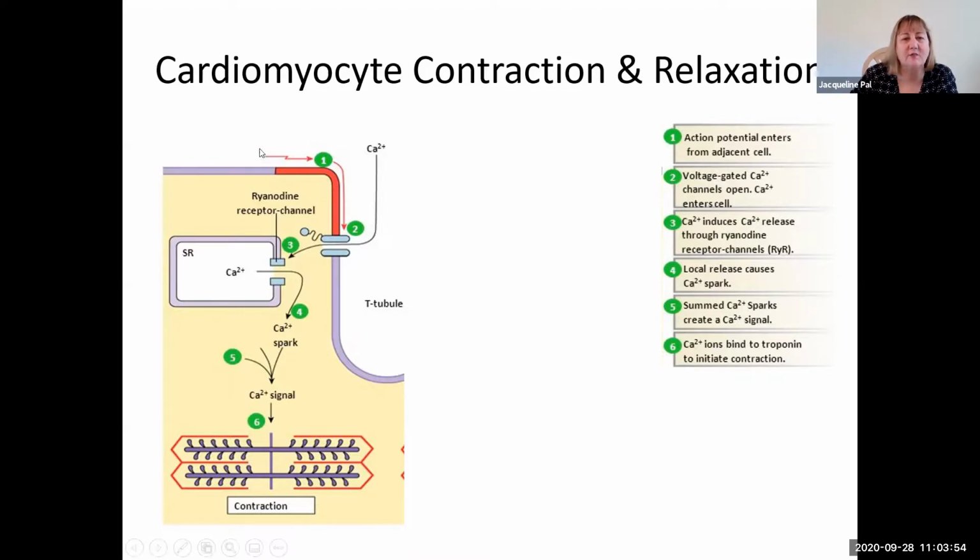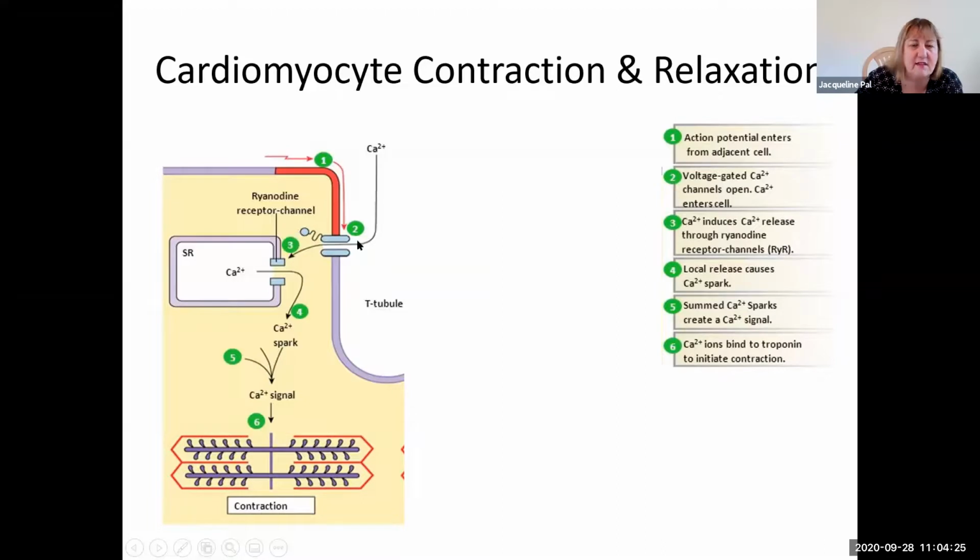We have an action potential in our cardiomyocyte. Now recall, because of intercalated discs, this most likely is coming from an adjacent cell, not directly from part of the conduction system. But no matter what, we have this action potential, which is going to work on sodium influx, and then the part we're interested in is the calcium channels are going to open. And so here's the calcium channel. You can see what was blocking the gate.